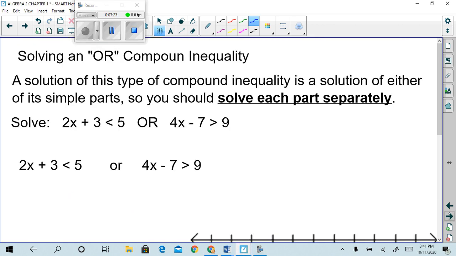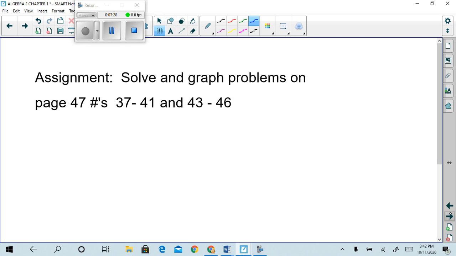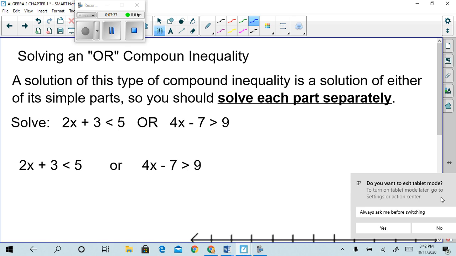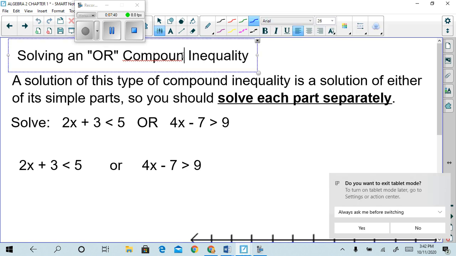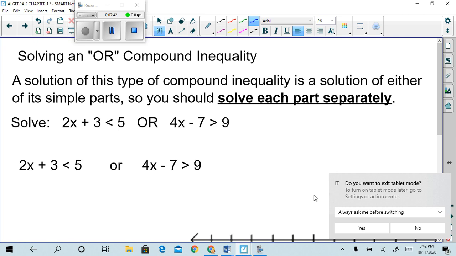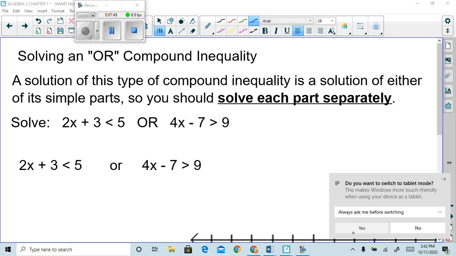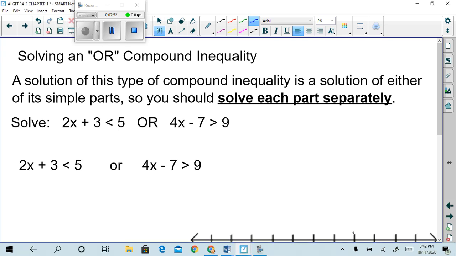Let's take a look at our OR compound inequalities. In the OR compound inequalities, we're going to be looking at 2 parts.